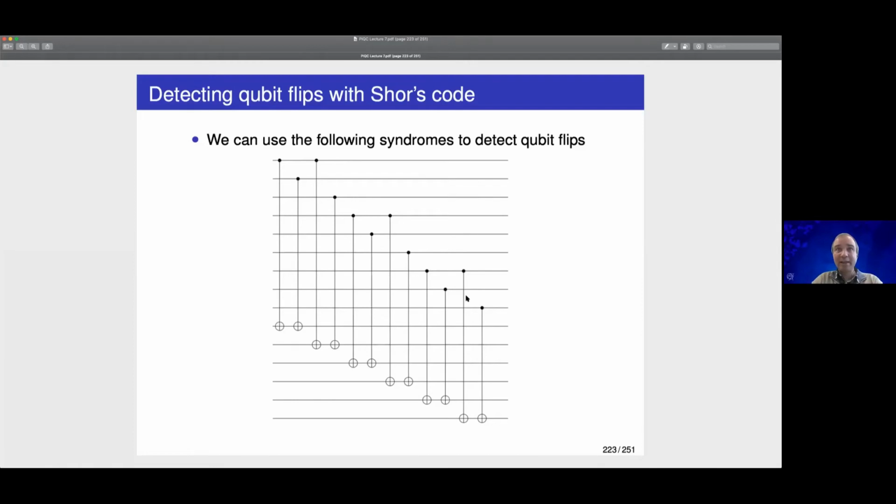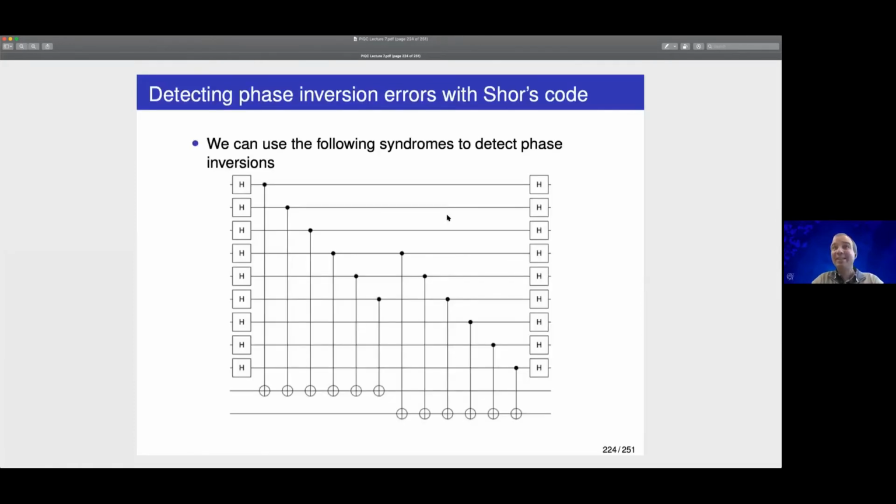And I can do the same to detect inversion of phase, but with the syndrome for the phase inversion protecting code. And here, notice that for the part of the phase inversion, I'm using logical qubits, which in turn are encoded as 3 different physical qubits.